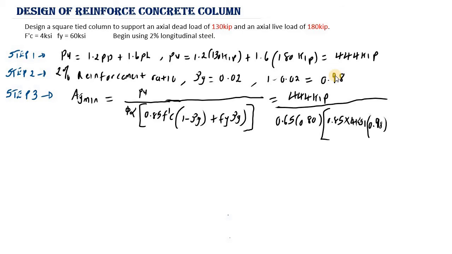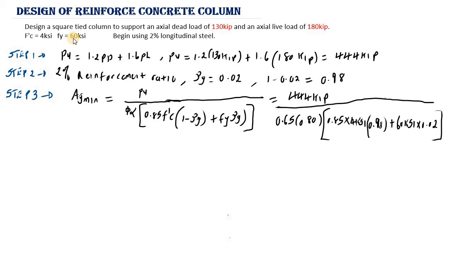Then we have plus Fy. Fy is the tensile strength of the steel, and this is 60 KSI. So this is plus 60 KSI, multiplied by the last value, rho g. Rho g is 0.02, so this is multiplied by 0.02. Then close the bracket.